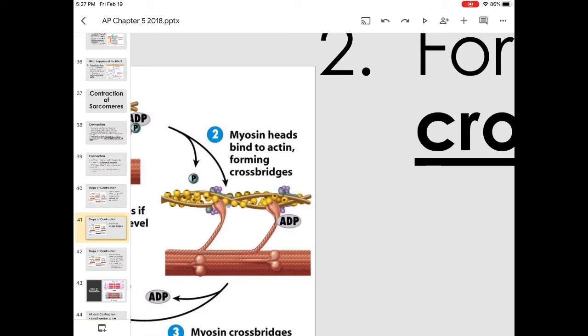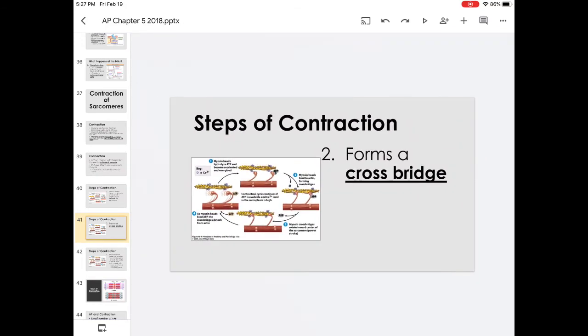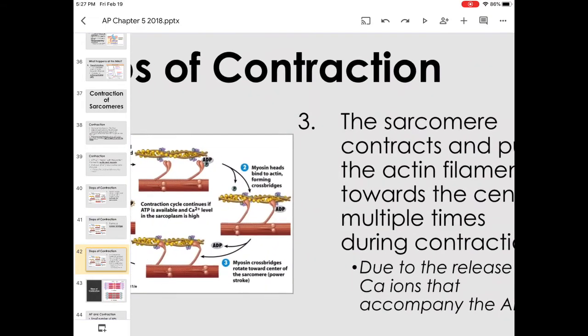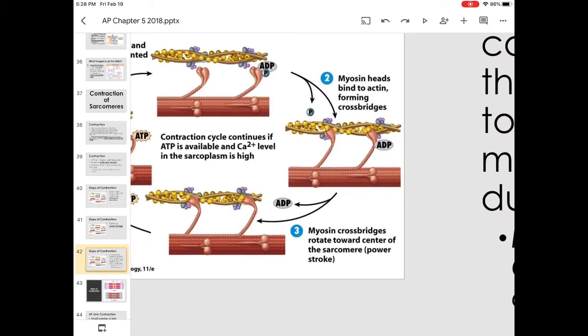In step 2, when you have this connection between the myosin head and the actin filament, remember the actin filament is what you see in yellow, you are going to create something called a cross bridge. A cross bridge is simply the myosin head attaching to the actin.